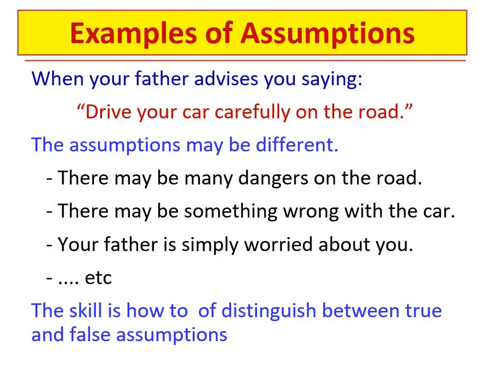He advises you saying, drive your car carefully on the road. The assumptions may be different. There may be many dangers on the road. There may be something wrong with your car, or even simply your father is worried about you. All of these assumptions can be adopted here.